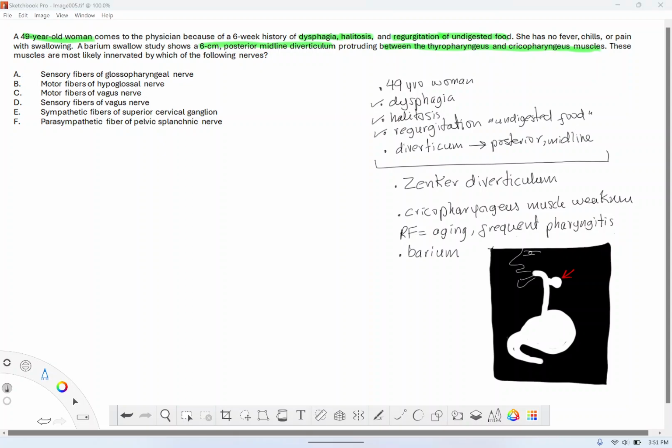So these muscles are obviously muscles of the pharynx, pharyngeal muscles. Pharyngeal muscles are easy to memorize. Almost all of them, all pharyngeal muscles, are innervated by the vagus nerve, cranial nerve number 10. Okay, except one muscle, which is the stylopharyngeus.